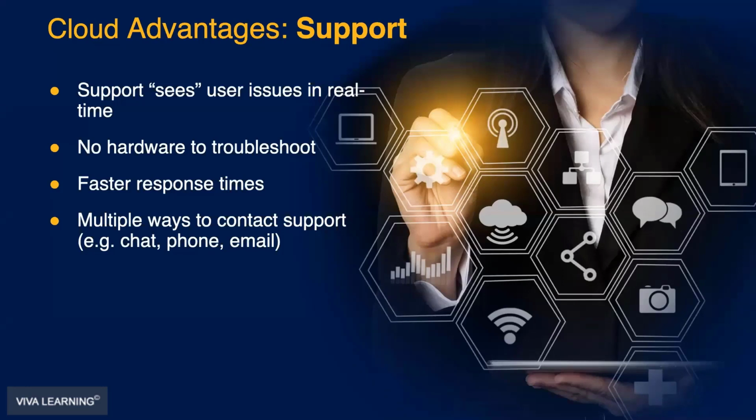You don't have to determine if the issue is with your hardware, since there's really no hardware to troubleshoot. Most cloud solutions have support on call, which means faster response times. They offer multiple ways to contact them, so that whether your office wants to do it via phone, text, a chat client, or whatever, it's easier on staff, and the problems are solved quickly and efficiently.